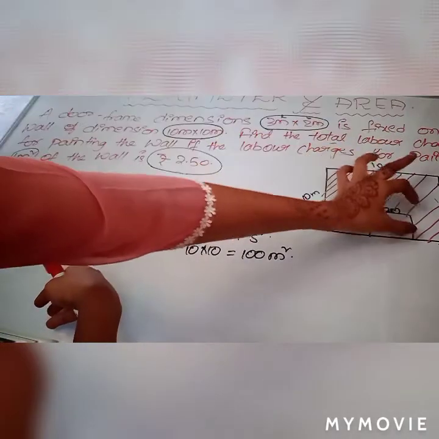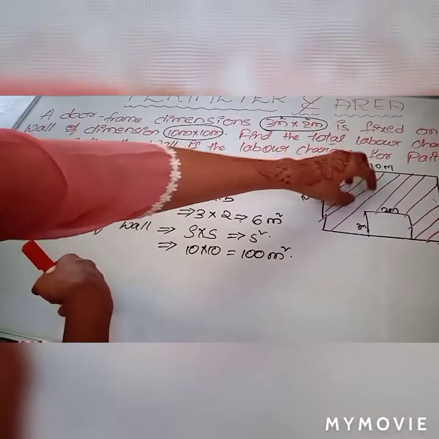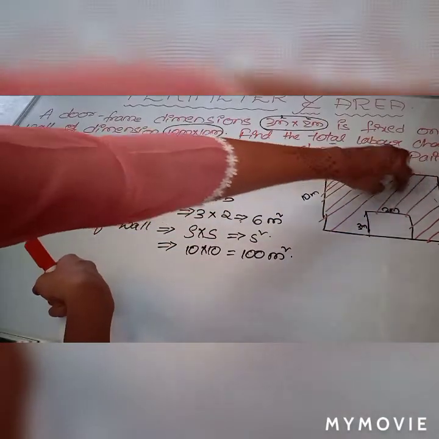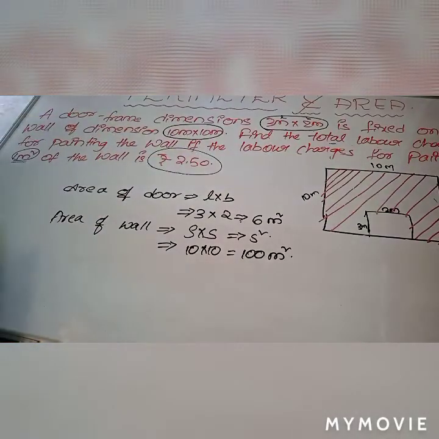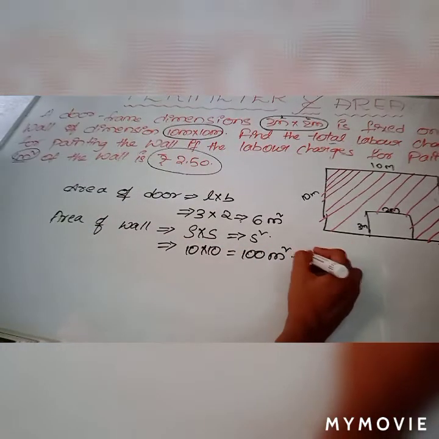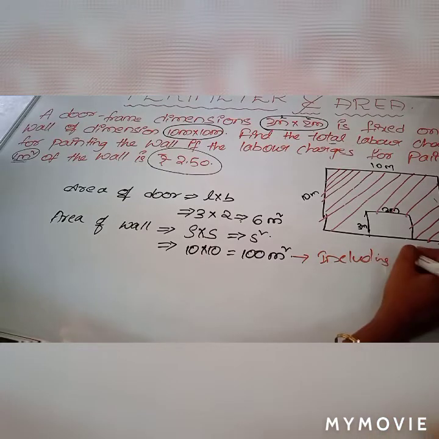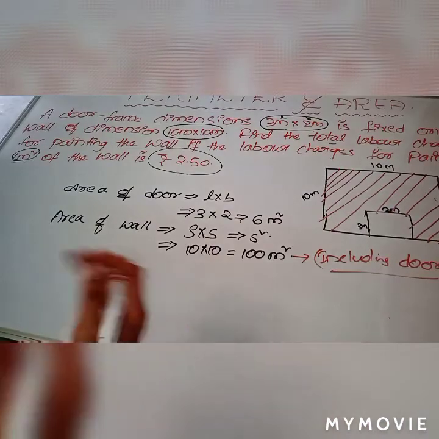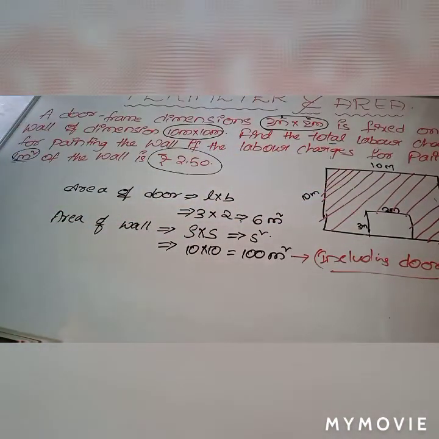So we need to remove this door from this area. Clear? That means we need to find only the shaded region part. Now see here, this area of the wall is including the door. The next step is we will remove this door from this part. Okay, see here carefully.